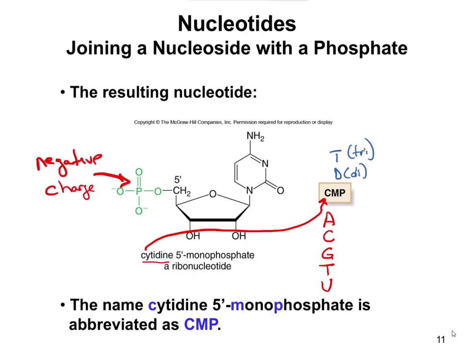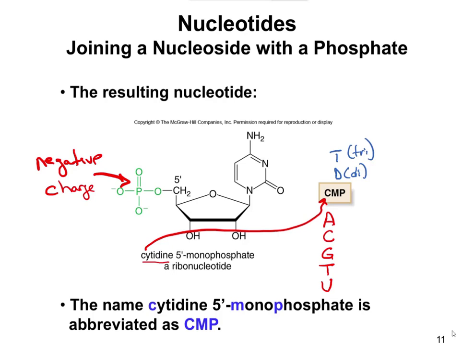So you can have 1 for mono, 2 for di, 3 for tri phosphates. So that second letter is either going to be M, D, or T. Then the last letter is always going to be P. In other words, you can have CMP, like is shown here. You could also have CDP or CTP. You could have AMP, ADP, ATP, and so on for all of your other nucleotides.